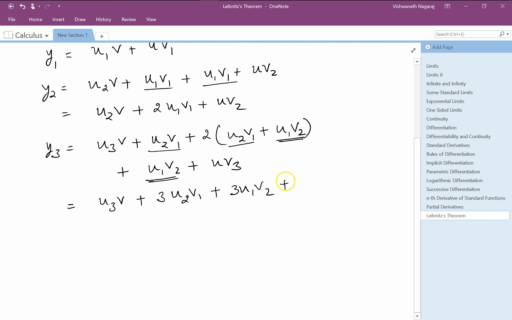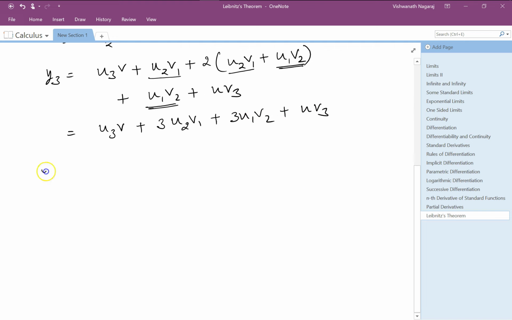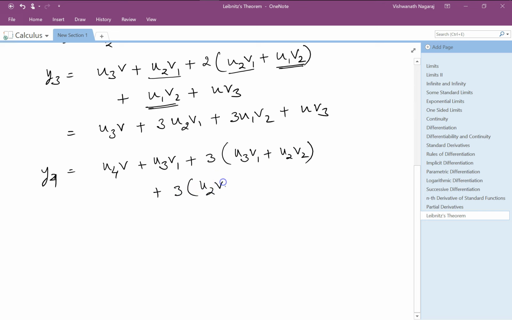v2 plus u v3. Now let's do the fourth derivative, u4v plus u3 v1 plus 3 times u3 v1 plus u2 v2 plus 3 times u2 v2 plus u1 v3 plus u1 v3 plus u v4.